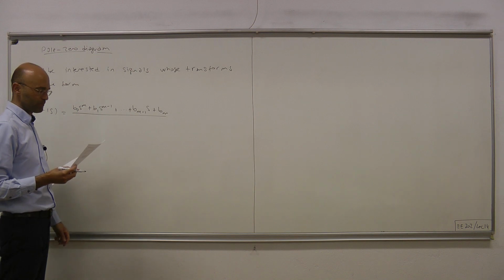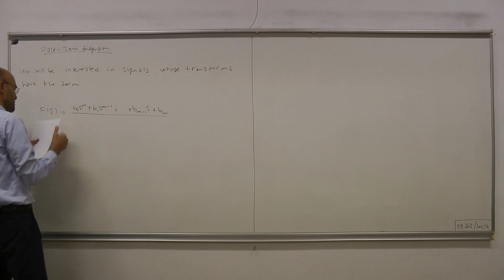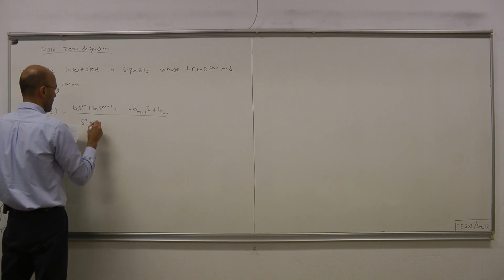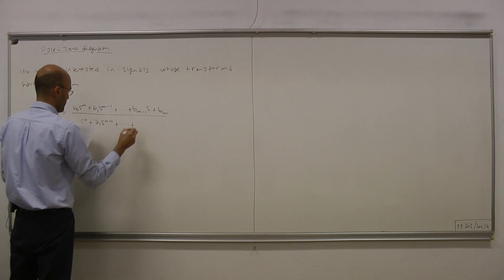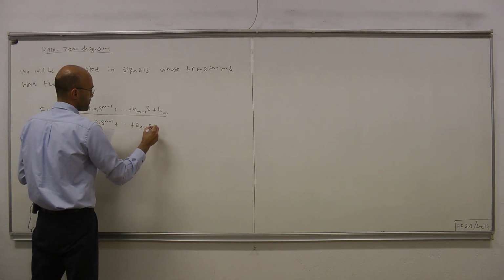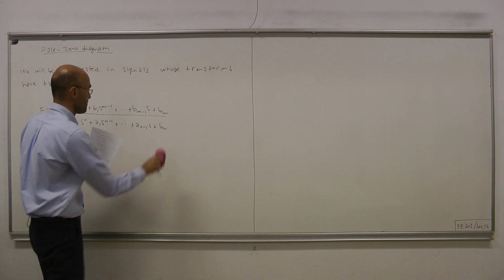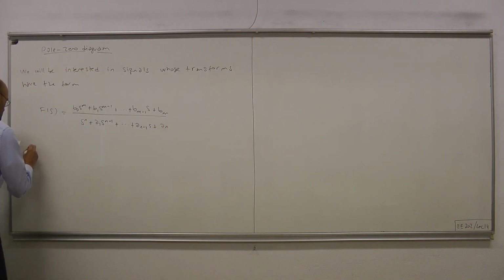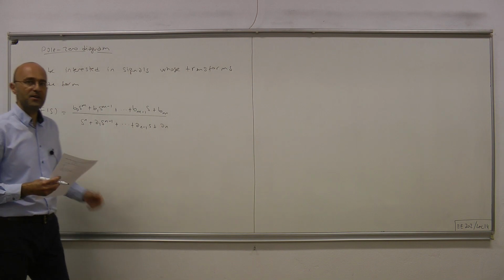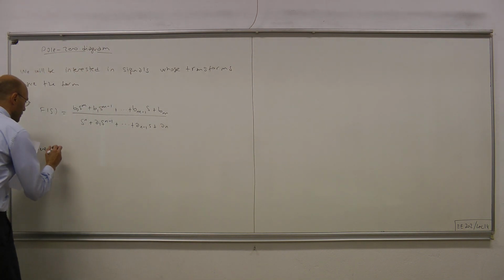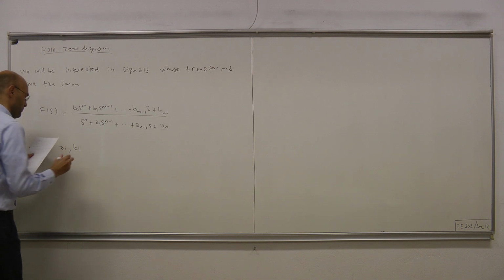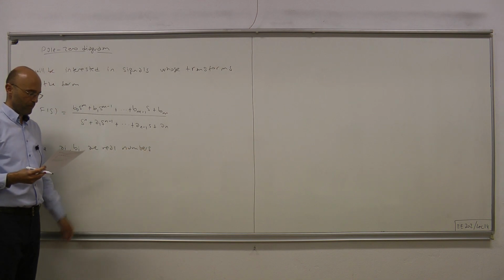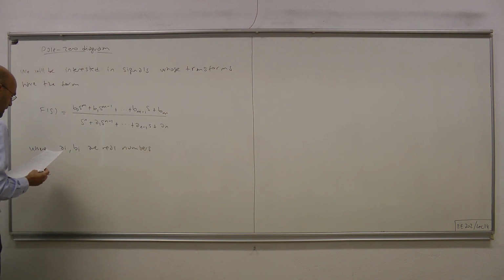Here we have an mth order polynomial if b0 is different than 0, and for the denominator we can write s to the n, plus a1 s to the n minus 1, up to a n minus 1 s plus a n, where all the a's and b's are real numbers.